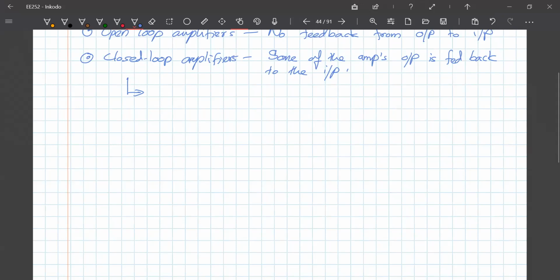So these closed loop amplifiers with feedback can achieve many different desirable characteristics in amplifiers. For example, we can set a very specific and very stable gain, voltage gain or current gain, even under varying temperature conditions, and even under varying transistor characteristics. The distortion will be reduced as well.